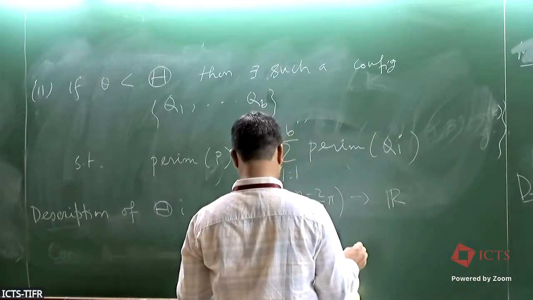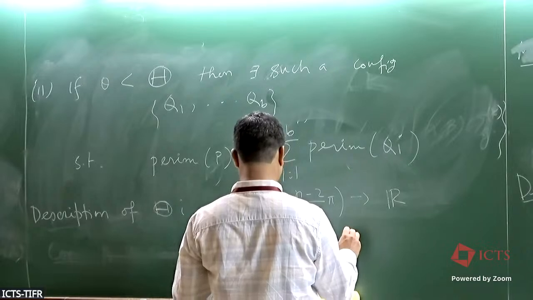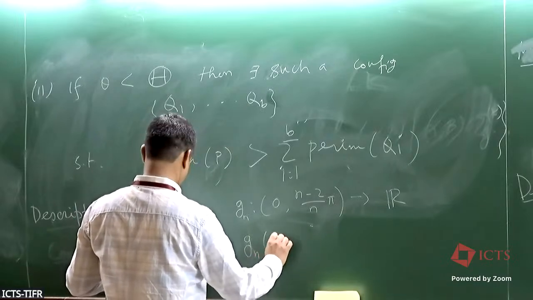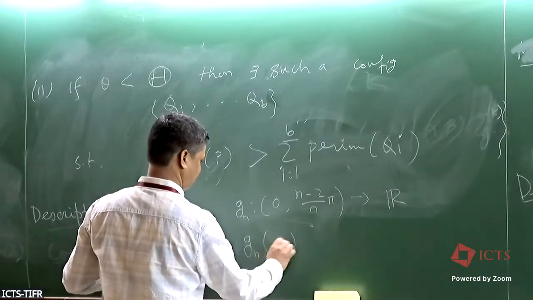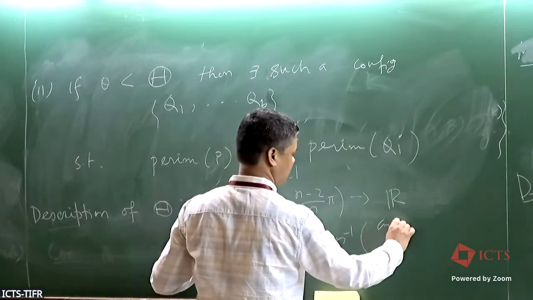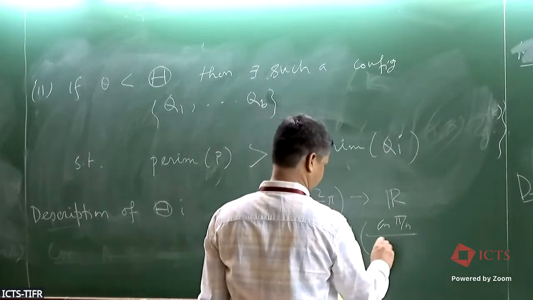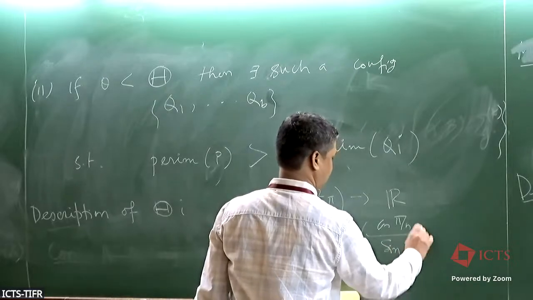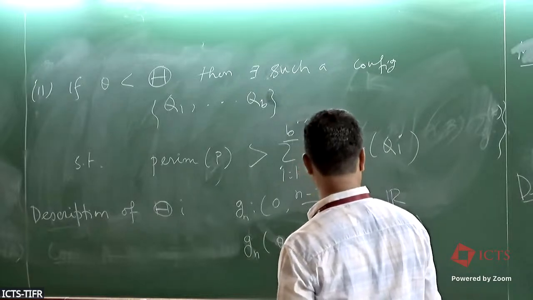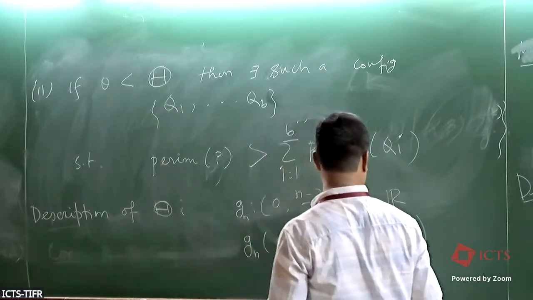So this is defined by gn of theta, equal to cos inverse of cos(pi over n) over sine(theta over 2). I probably defined this before. So this is cos inverse.